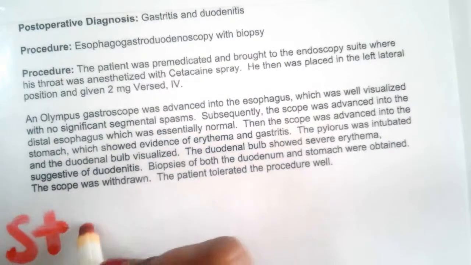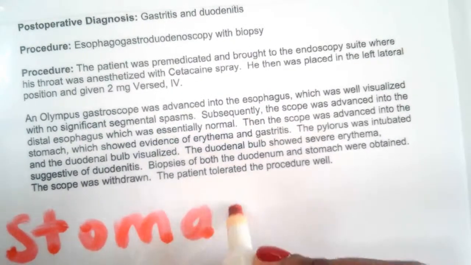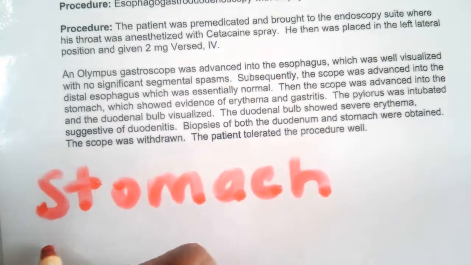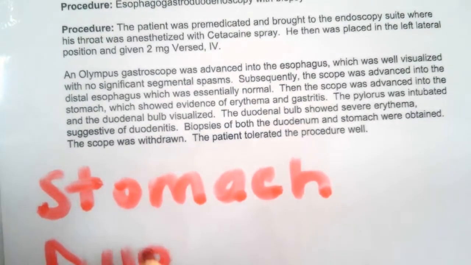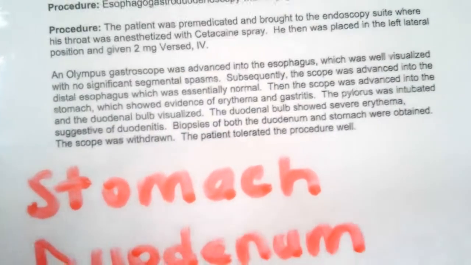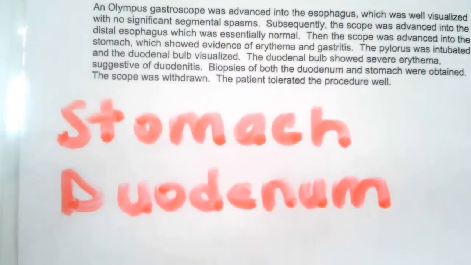We have stomach. Yes, and we have the duodenum. All right, so you got your two body parts. Then from there, the question you have to ask yourself is, what did they do for both of these body parts?